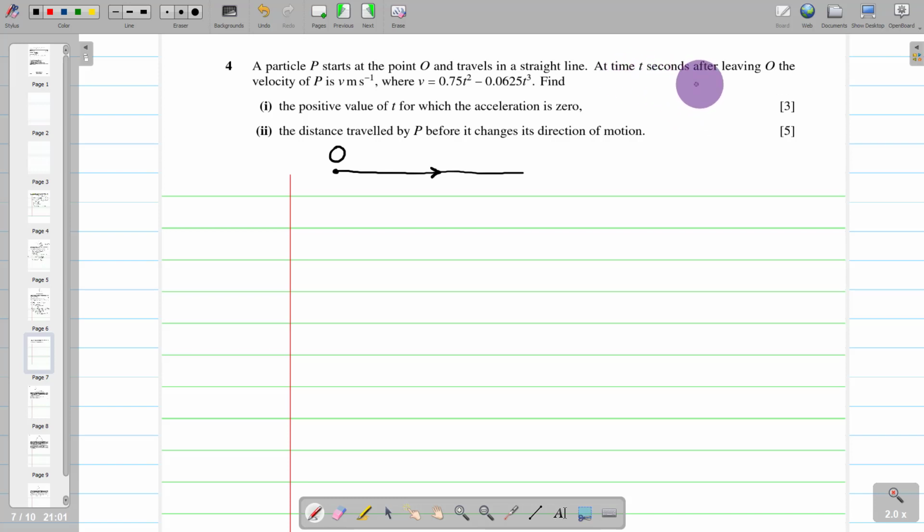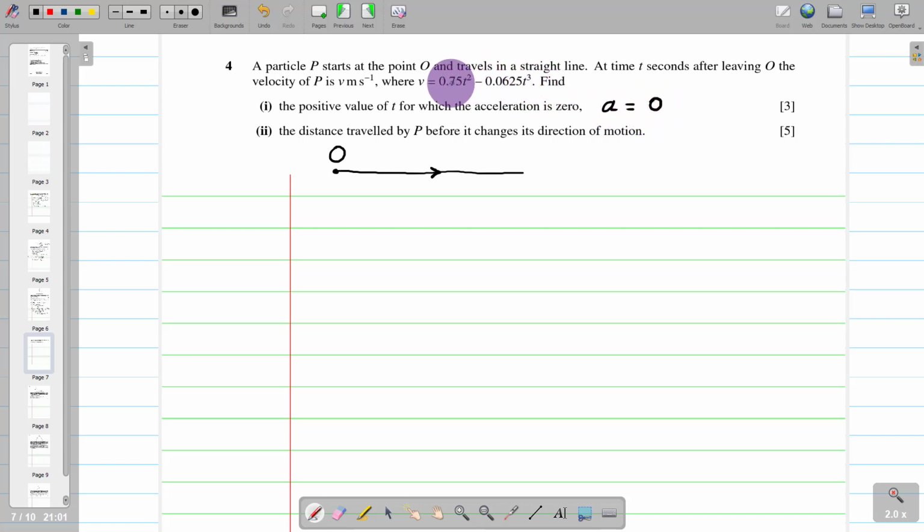At time t seconds after leaving O, the velocity of P is v meters per second, where v is a function of time. This is the expression that we've been given. Find the positive value of t for which the acceleration is 0. In other words, what is the value of t when a is 0?